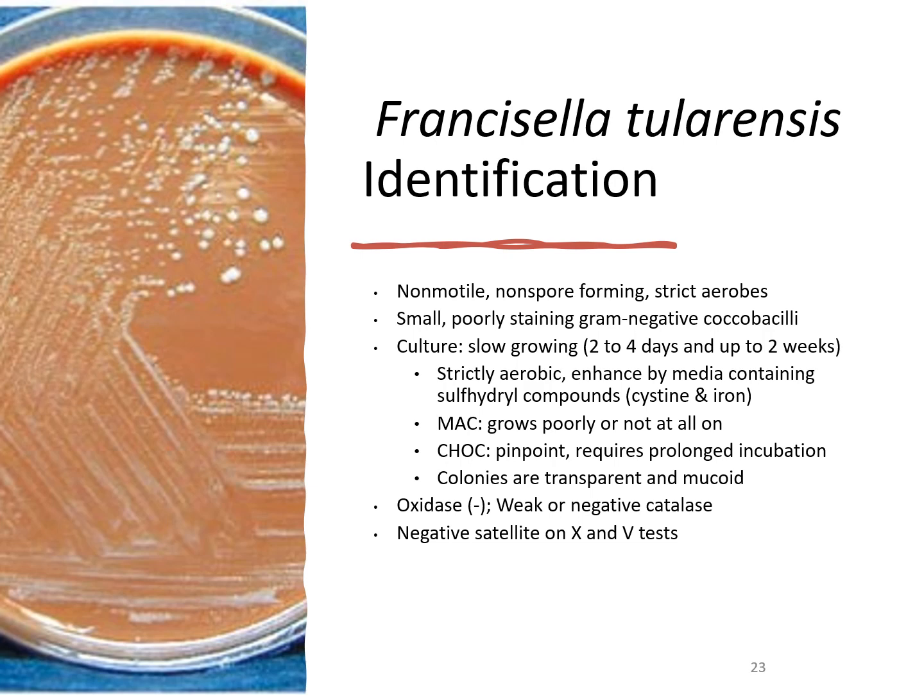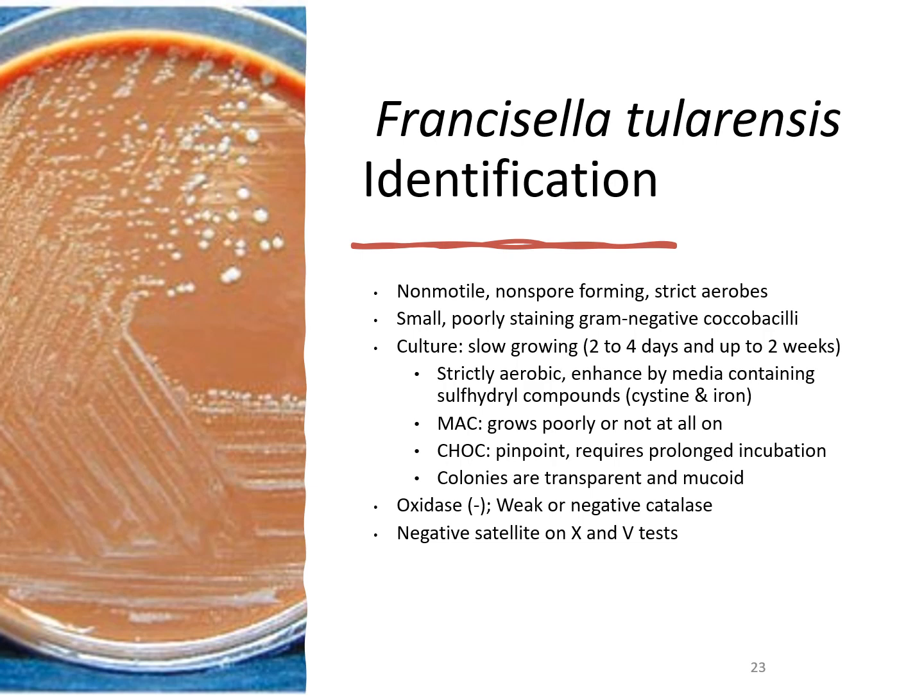If it grows on MacConkey, it grows very poorly, but typically it does not grow at all on MacConkey agar. With chocolate agar, it would be pinpoint, small type colonies that would require a prolonged incubation in order to grow. And so they could be transparent or they could be mucoid.